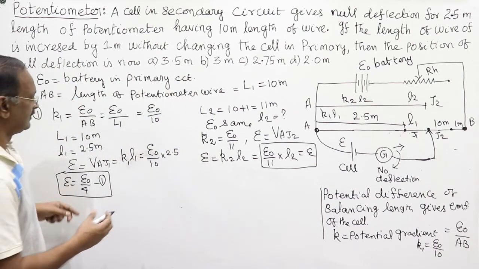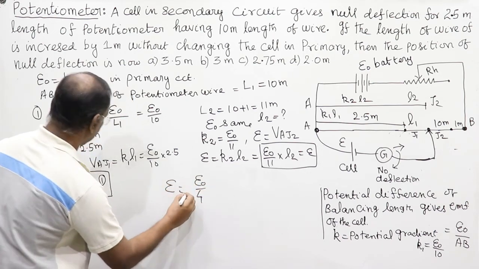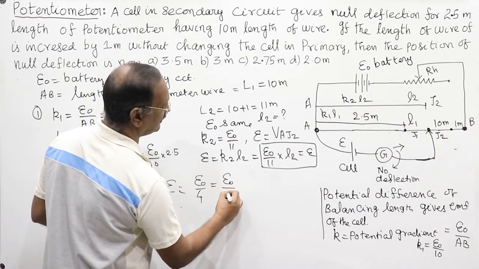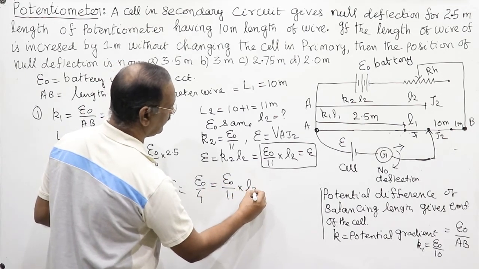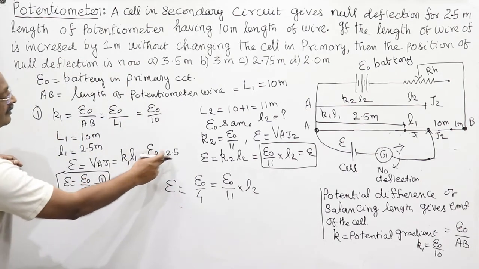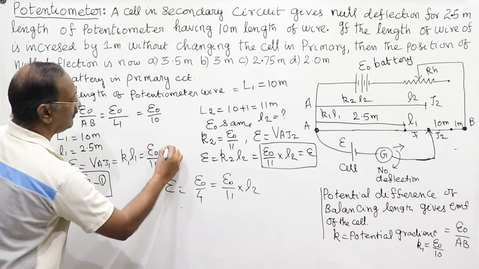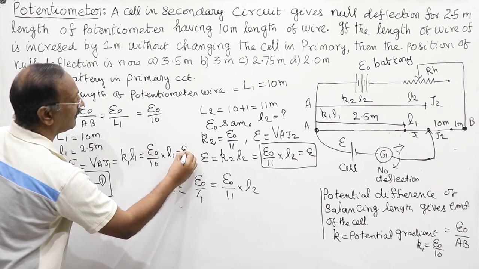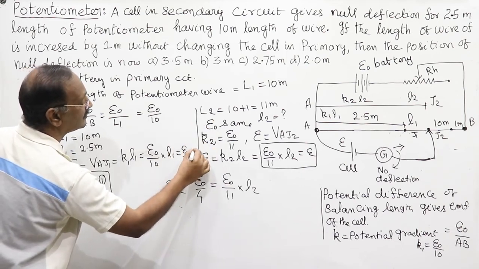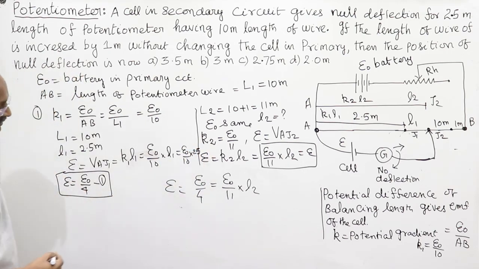See, E is equal to epsilon naught by 4, which is also equal to epsilon naught by 11 into L2. This is equal to epsilon naught by 10 into 2.5, which comes out to be epsilon naught by 4.